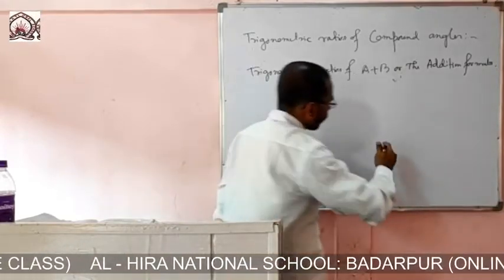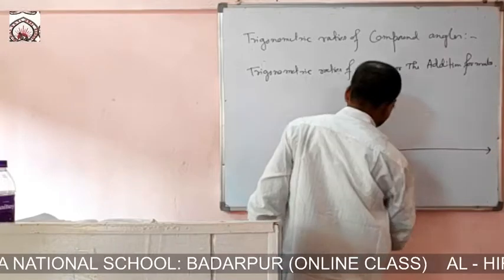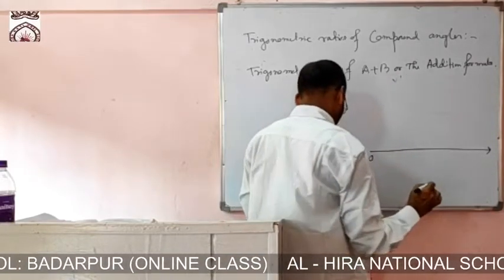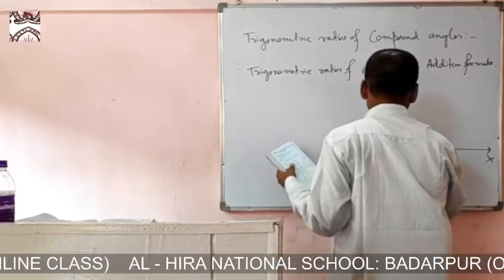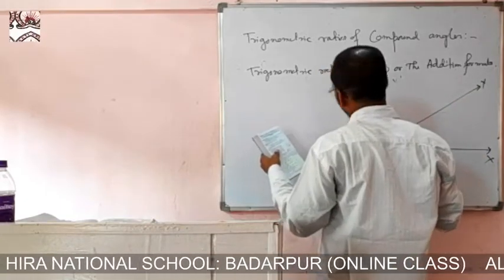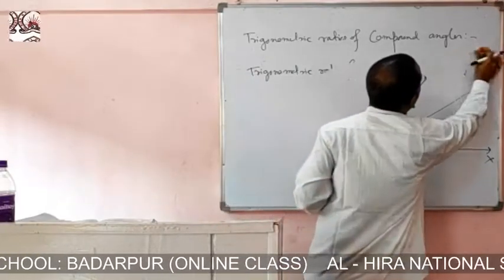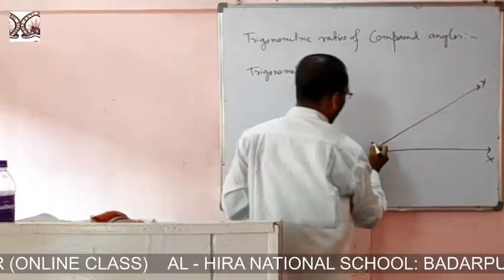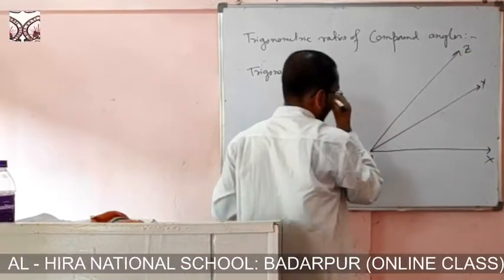A line OX, and then we draw a line OY, and this is OZ.